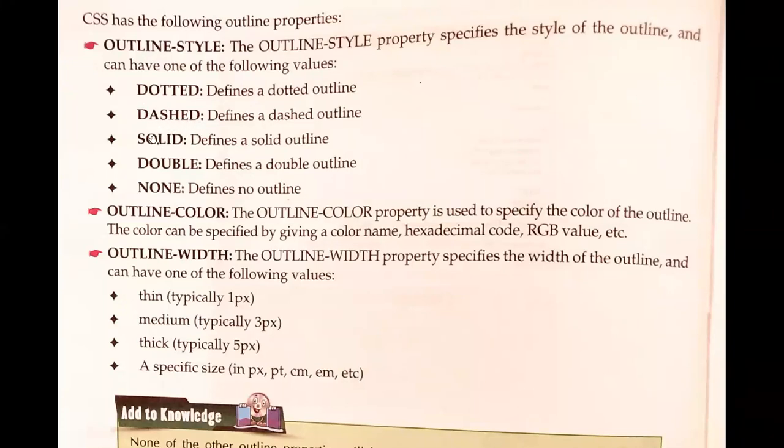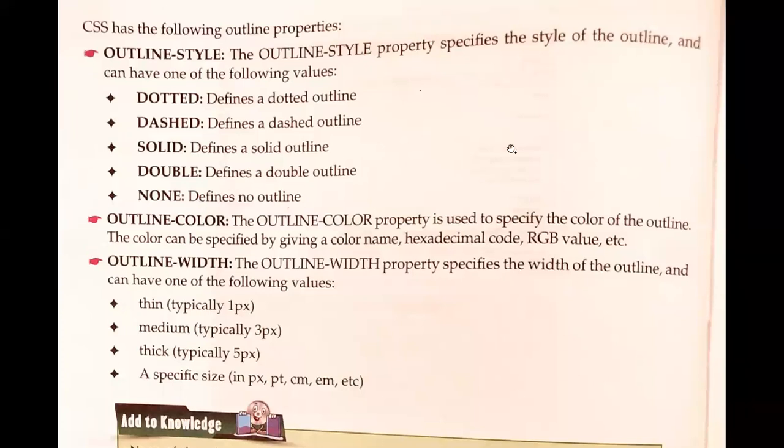If you want to give the outline in a simple, solid manner, then we will use the solid property. If you want to apply a double outline, then we will use the double property. And if you do not want to apply any kind of outlining, then we will use none. None means nothing. So these were the outline styles.